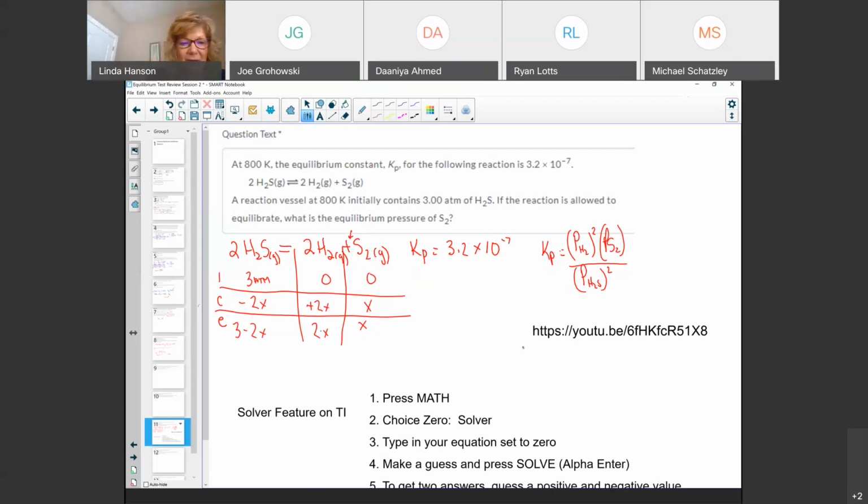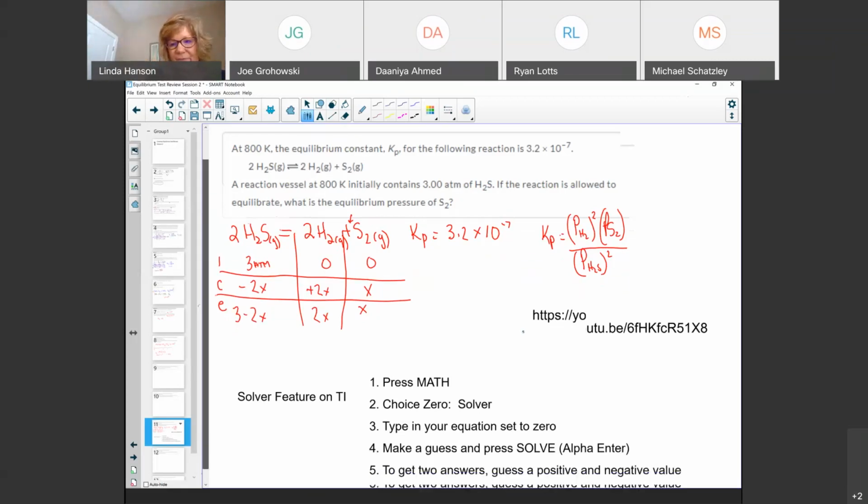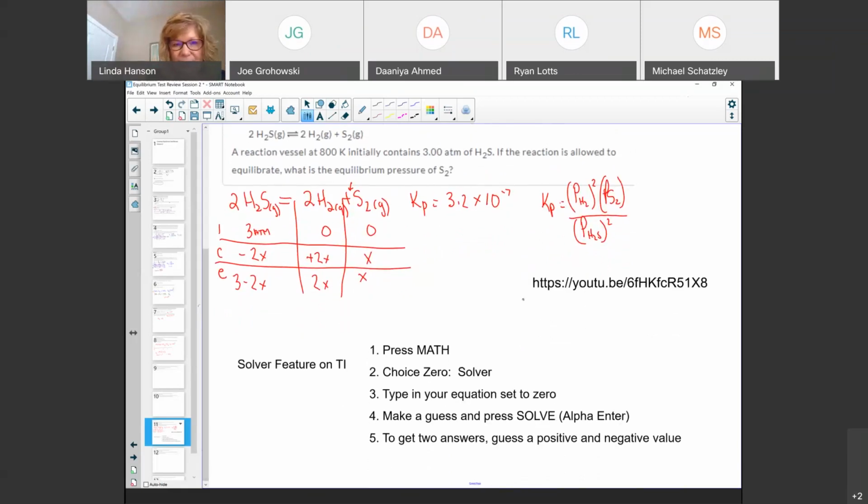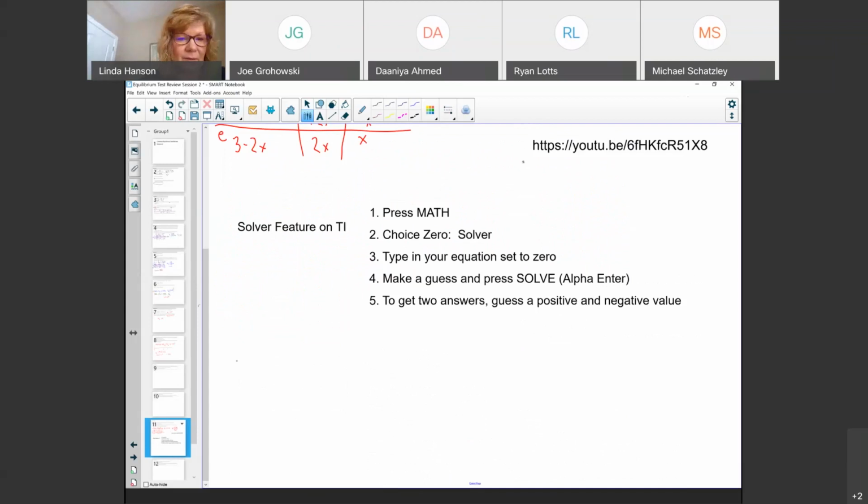Given the Kp, we're asked to solve for X, right? I'm going to put my paper up higher so I have room to solve. Kp was given to us as 3.2 times 10 to the negative 7. The 2X represented hydrogen, its coefficient was a 2, so it had to be squared.